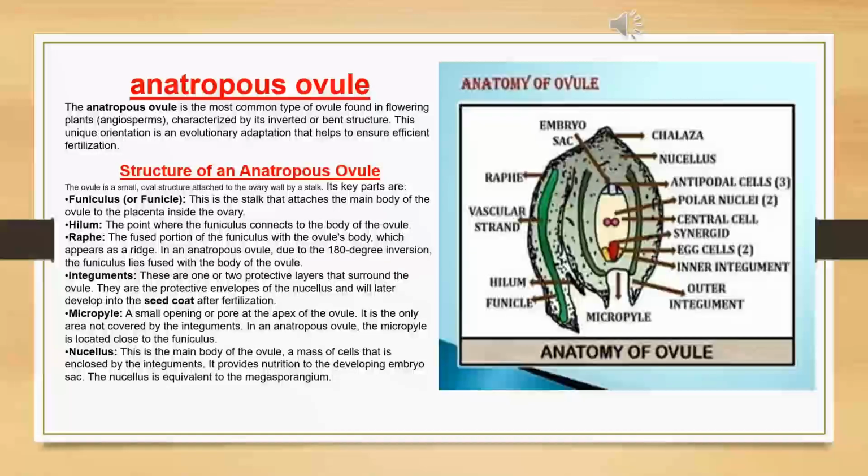The next is the nucellus. This is the main body of the ovule, a mass of cells that is enclosed by the integuments. It provides nutrition to the developing embryo sac. The nucellus is equivalent to the microsporangium.